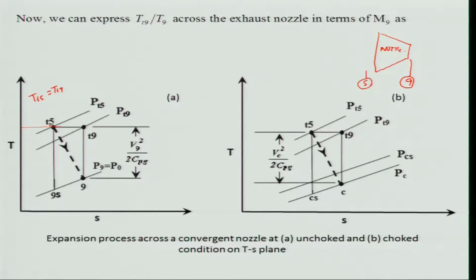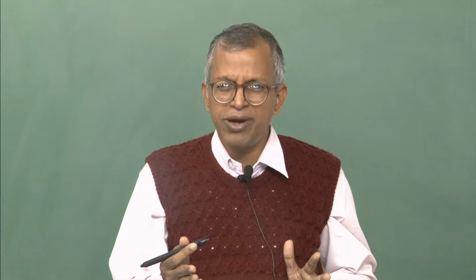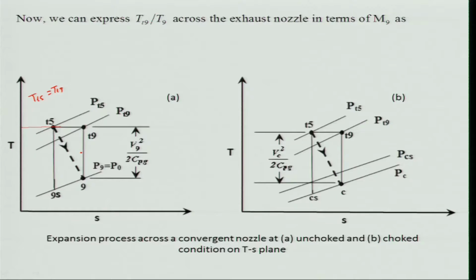If it is unchoked, then expansion will be there, and you need not worry, because P 9 is equal to P naught in the convergent nozzle. There is no over-expansion or under-expansion kind of thing. All these over-expansion and under-expansion cases will come when it is a convergent-divergent nozzle. So, it is very easy to look at.